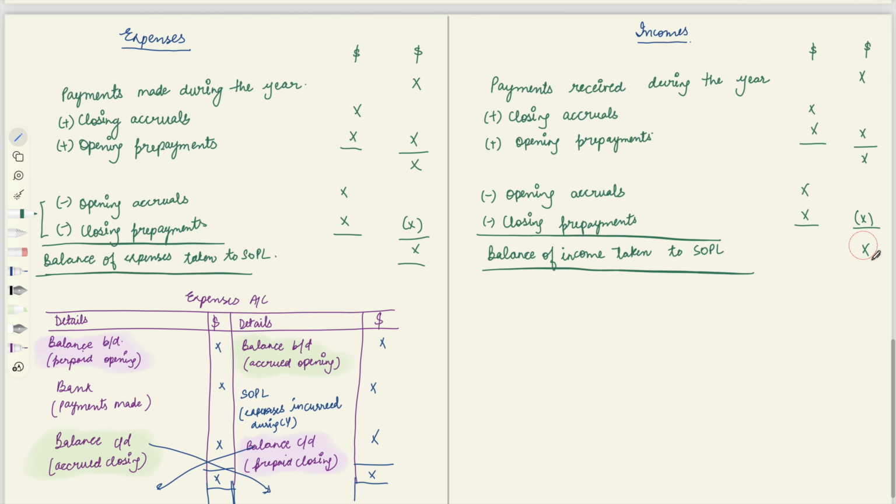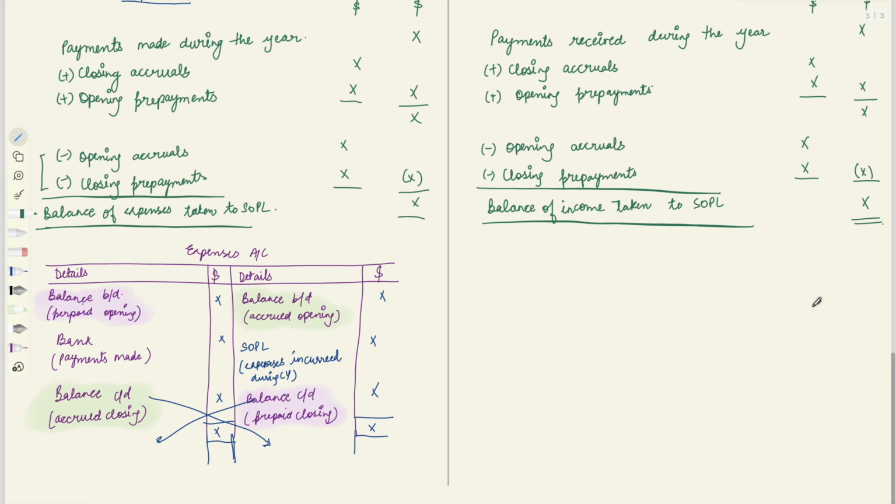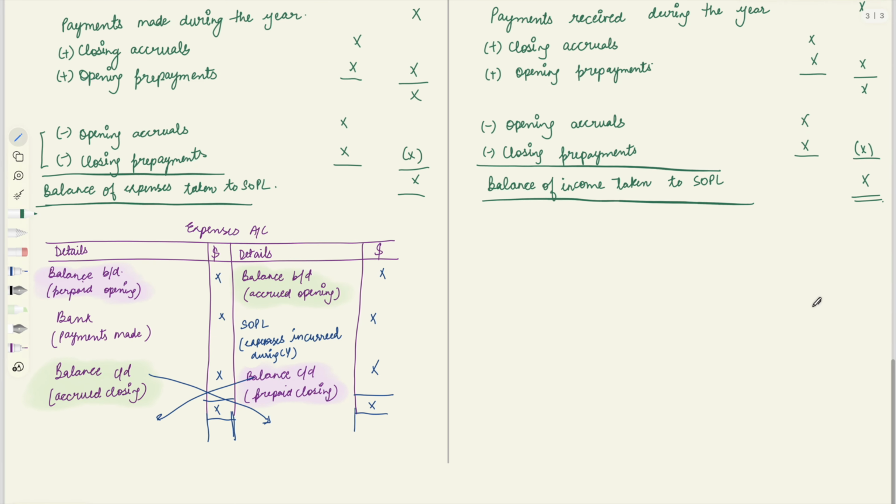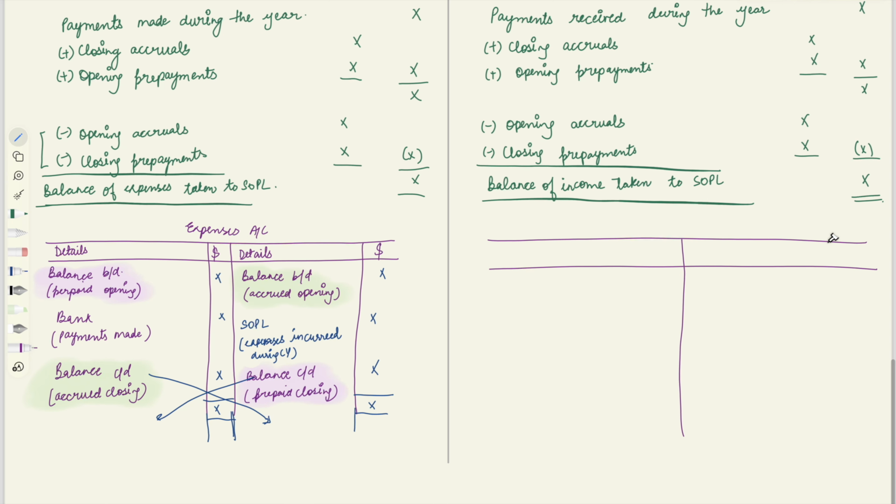Okay. Next you need to include a ledger account. How to prepare a ledger account when we have all the balances? Again, balance brought down.